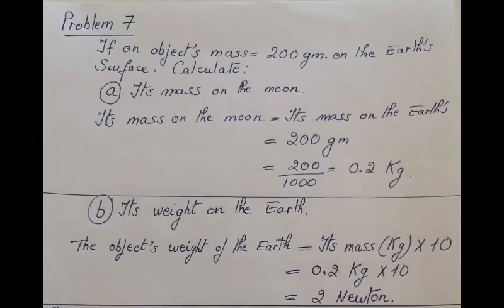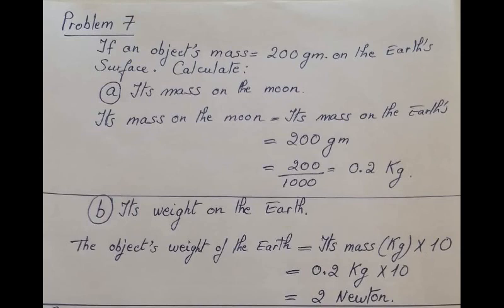Problem number 7. If an object's mass equals 200 gram on the earth's surface, calculate A, its mass on the moon. Its mass on the moon equals its mass on the earth, equals 200 gram.